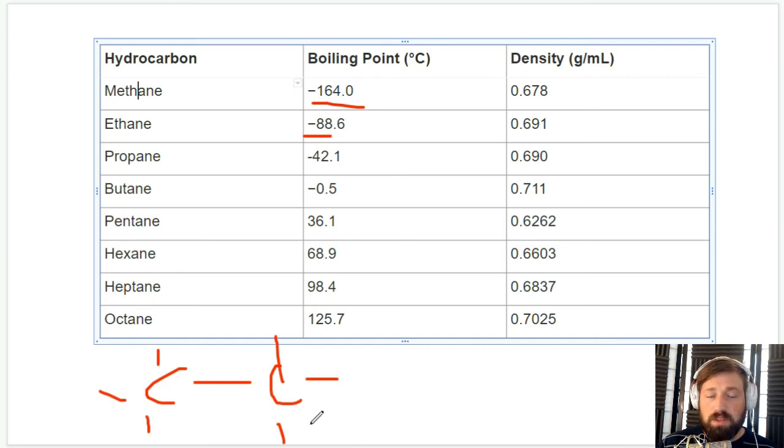More hydrogens, which means more chances for those London dispersion forces to take effect. More atoms to bump up to another ethane. The molecule's a little bit longer. So whenever it bumps up with another ethane, more of those atoms can get next to each other, and more London dispersion forces can take effect.